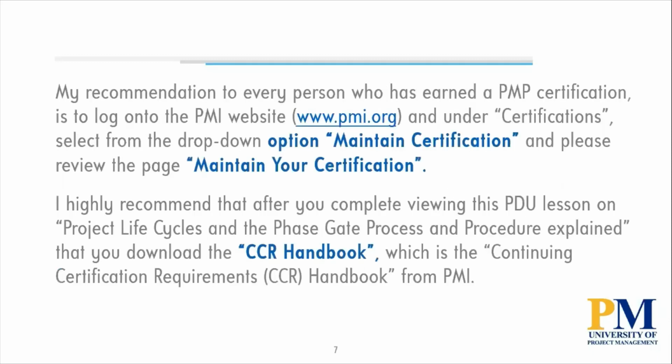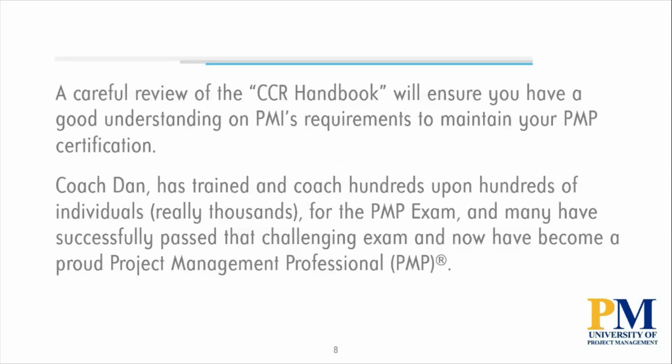So my recommendation to every person who's earned that PMP credential is go to that site and download that CCR handbook. Upon a careful review of that handbook, you'll have a good understanding of how you can get them.